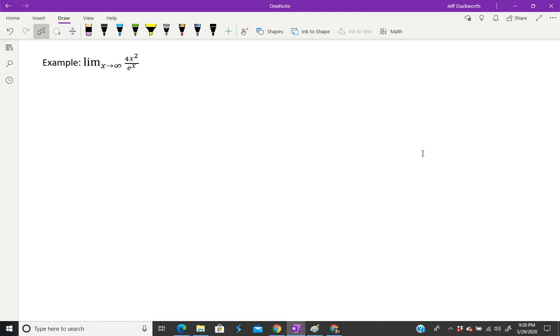So we have two functions. f of x is 4x squared, that's in the numerator, and g of x is e to the x. As we apply infinity, 4x squared goes to infinity as x goes to infinity, as does e to the x. So we can use L'Hopital's rule.